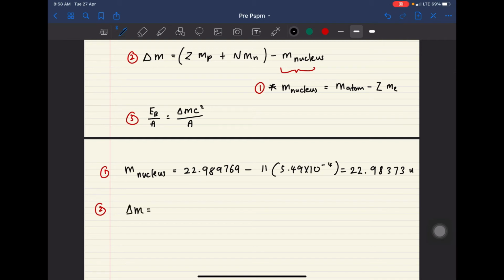The number of individual protons is 11, and the mass of an individual proton and neutron, again using the same unit, you can get in front of your constant list.